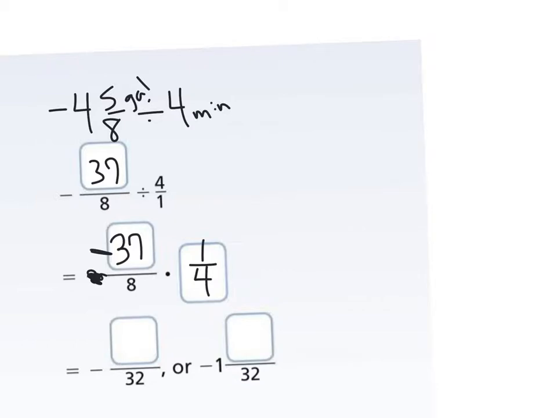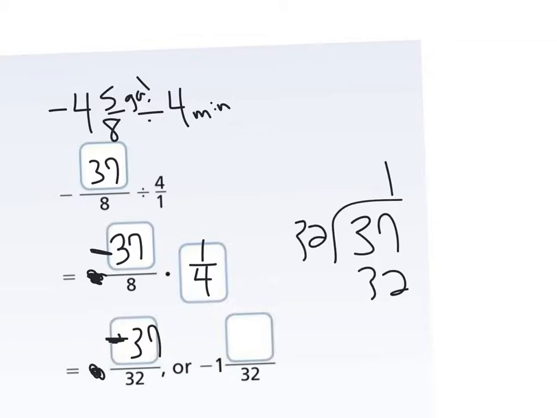Negative 37 times 1 would be negative 37. So we've got negative 37 over 32. We know it's going to be negative, and we can change that to a mixed number by dividing that out. So negative 1 and 5/32 of a gallon per minute.